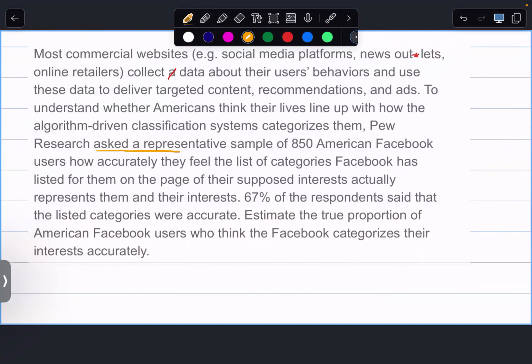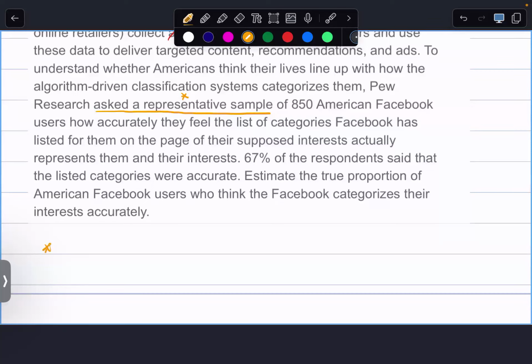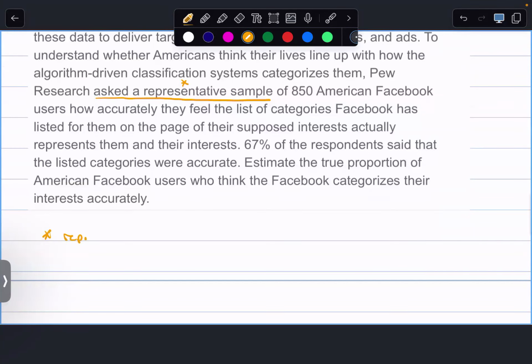They asked a representative sample, and I'll put a little star here. Representative, presumably randomly sampled. We assume randomly sampled. It's one of the conditions.